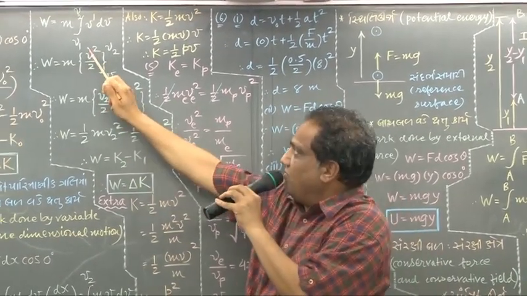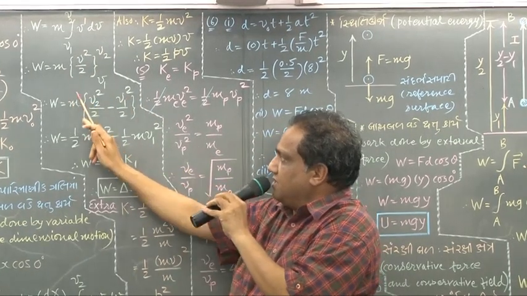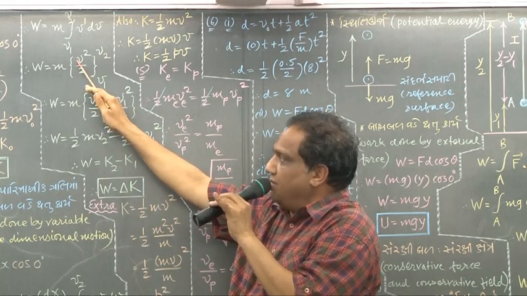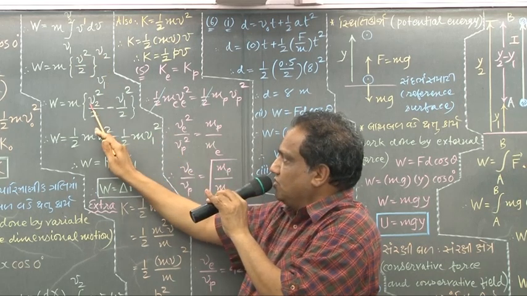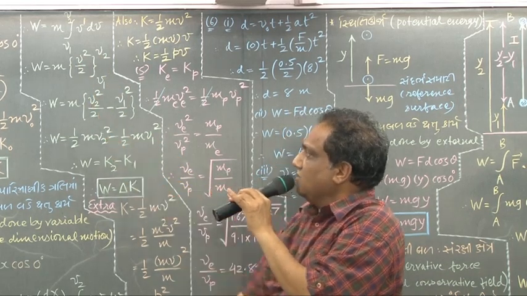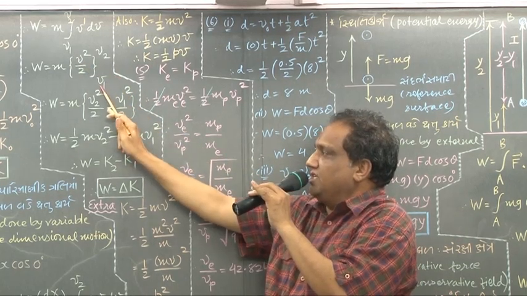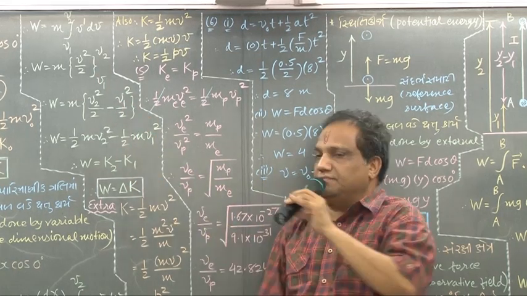Correct? From v1 to v2, m as it is. Instead of v, what should I write? Upper limit is v2. So instead of v, just put v2, so it is v2 square upon 2. After putting the minus sign, instead of v, I add the lower limit v1, so v1 square upon 2.